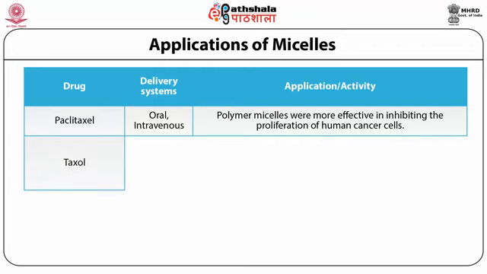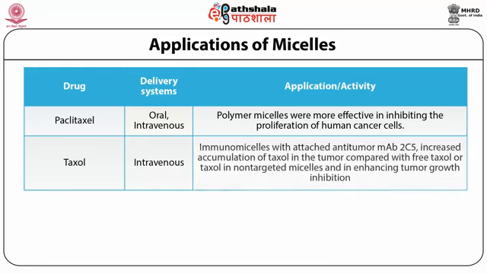Similarly, Taxol, which is given by intravenous route, immunomicelles with attached antitumor MAB2C5 increase the accumulation of Taxol in the tumor compared with free Taxol or Taxol in non-targeted micelles and enhance tumor growth inhibition.